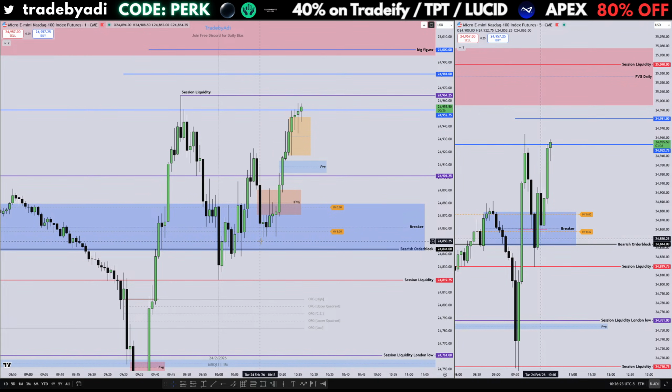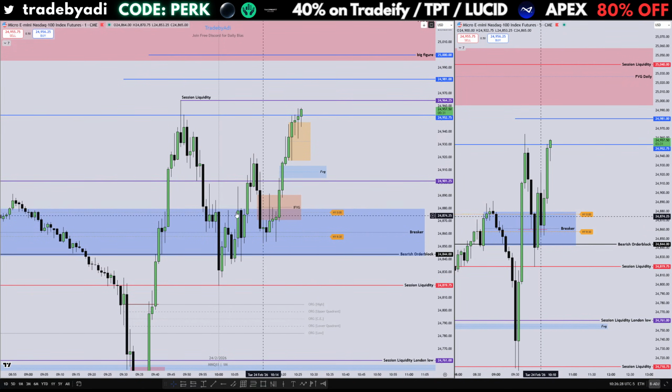13 candle on a breaker, on this FVG, I think.